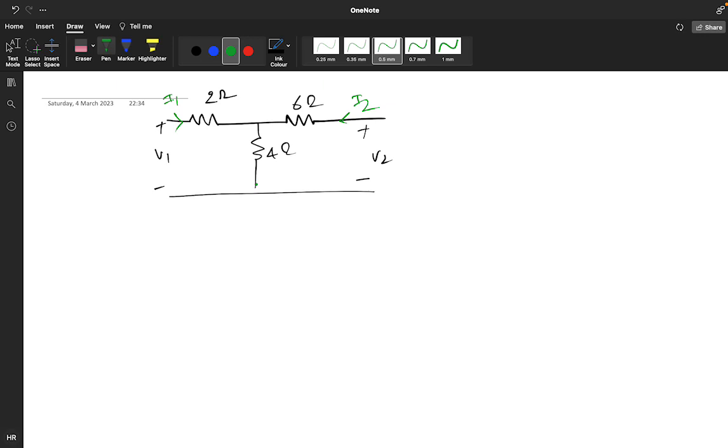You need to find the z parameter, means your z matrix. Solve it within 5 minutes. It won't take that much time also.